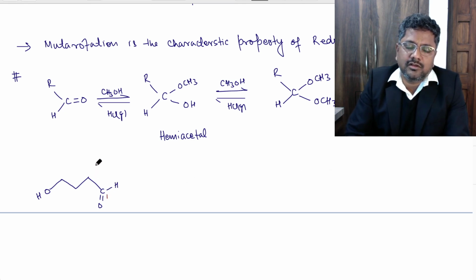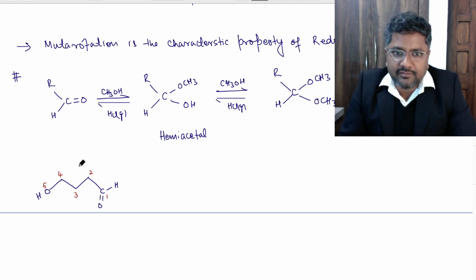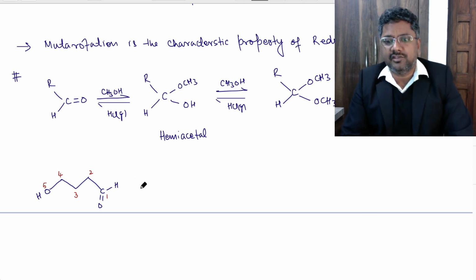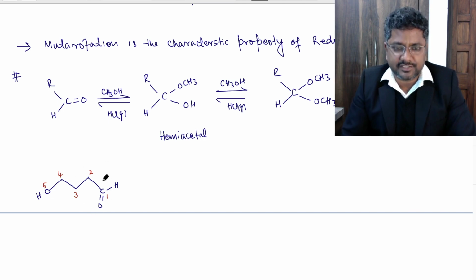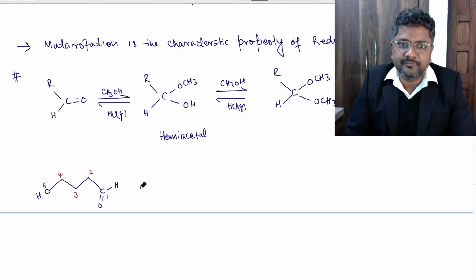So 1, 2, 3, 4, 5. It is always a good habit whenever you have such bifunctional or trifunctional groups present in the same chain, to put numbers first. After that you will do your chemistry.